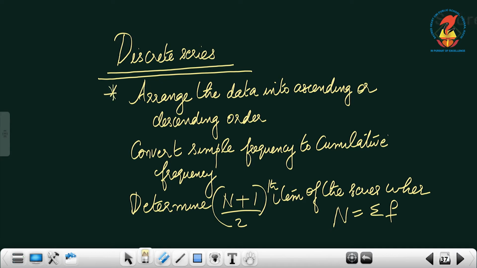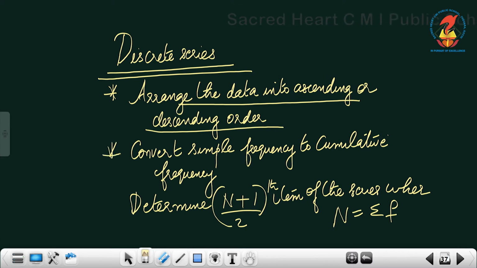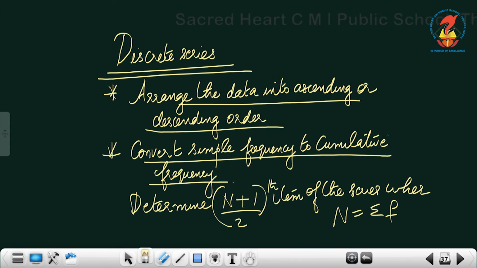Point number 1. Arrange the data in ascending or descending order, just as what I have told you now. Next is convert the simple frequency into cumulative frequency. Each and every stage frequency has to be added on. Don't forget to do that.